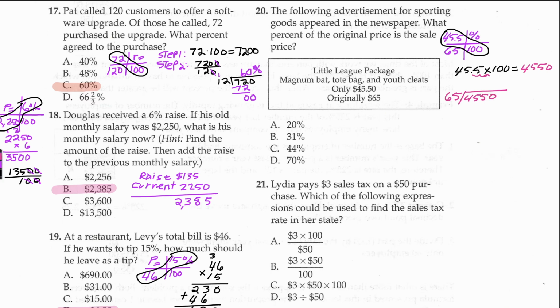Now ask ourselves, how many 65s are there in 455? We know that 65 can't go into 45. So we use the whole 65 goes into 455. How many times? The best way to do it is I'm thinking about 6 goes into 45.